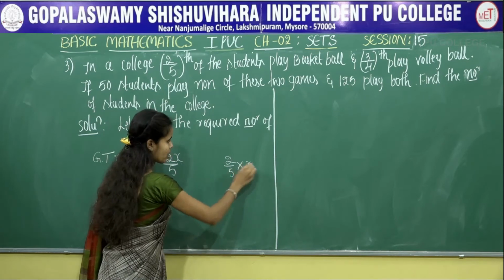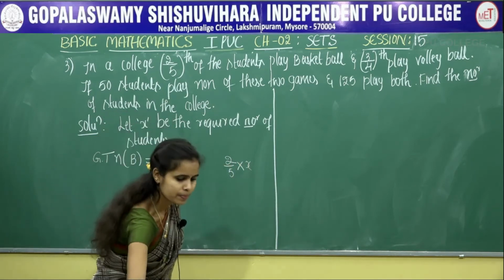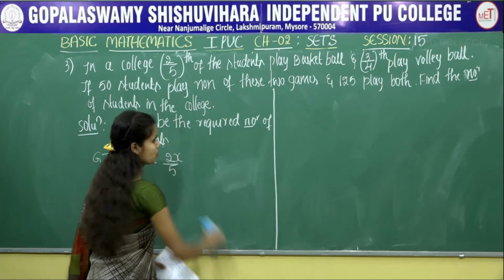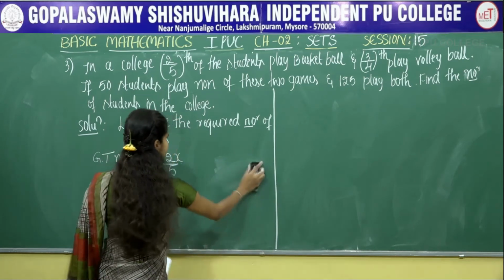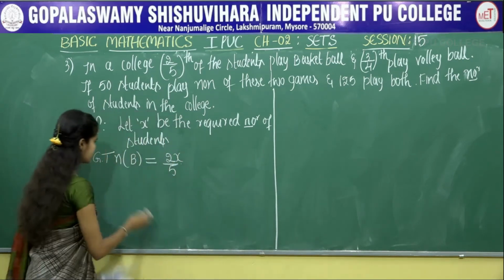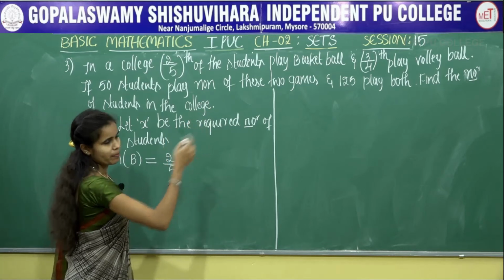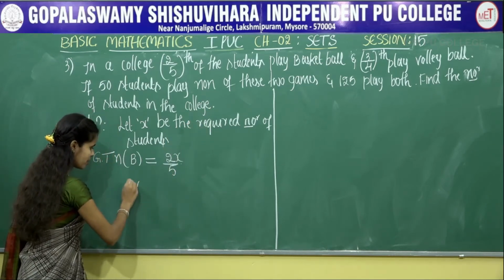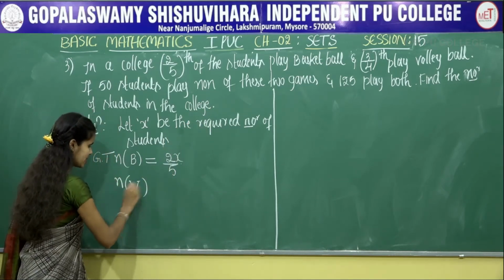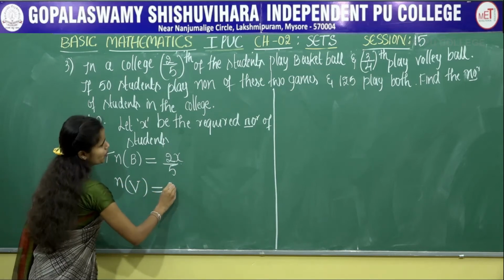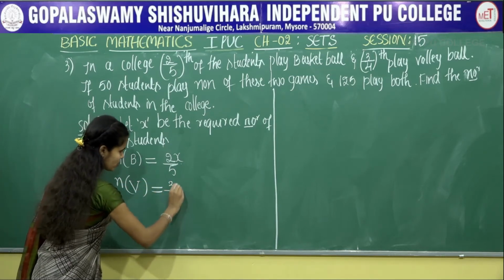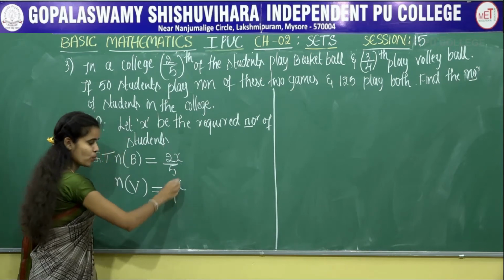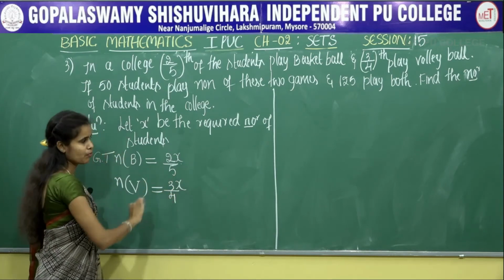So 2/5 into x means 2x by 5. Next, 3/4 play volleyball. So describe that set by V. So the number of students in V is equal to 3/4 of the total number of students, that is 3/4 into x, that is 3x by 4.